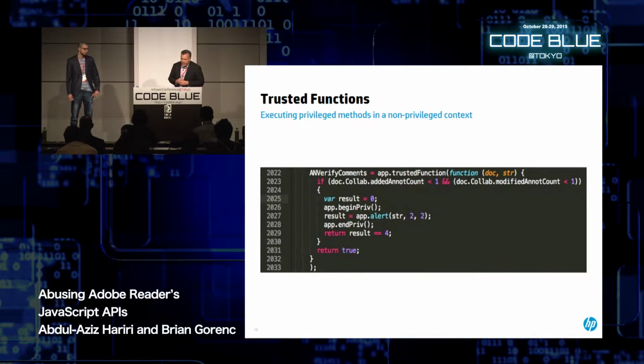And you can see here ANverifier comments is a trusted function because it has that line in it. And then within that function, the code that needs to be executed in a privileged context is surrounded by app.beginPriv and app.endPriv. And so in this case, app.alert is being executed in a privileged context on line 2027.